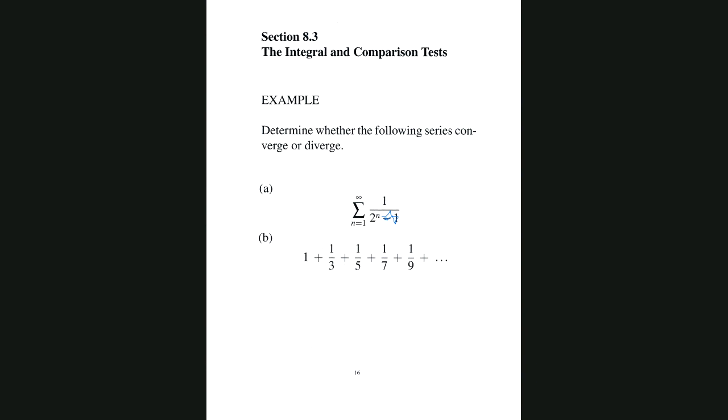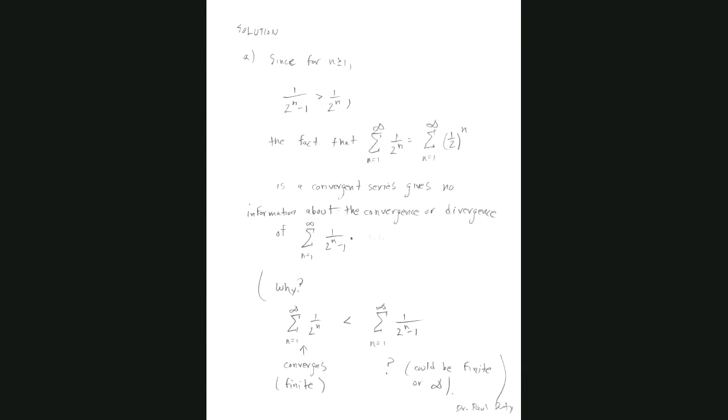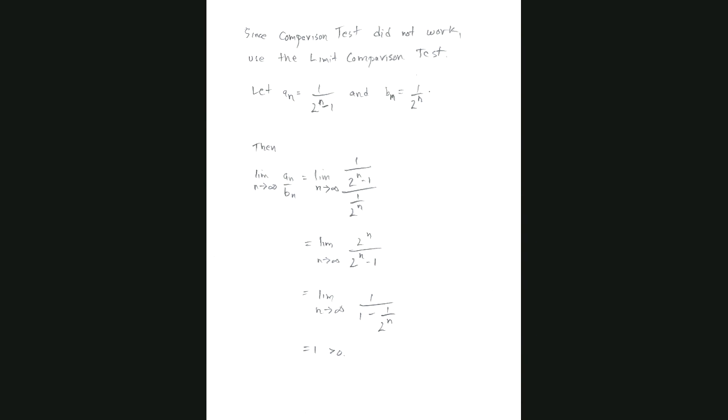We just have to formally prove that. So we're going to use the limit comparison test. We're going to let a sub n be 1 over 2 to the nth power minus 1, and b sub n be 1 over 2 to the nth power.